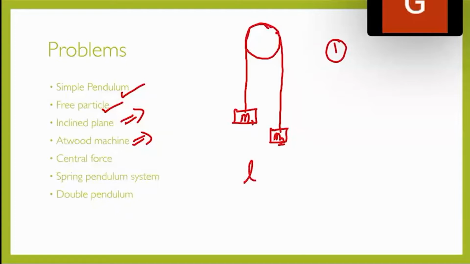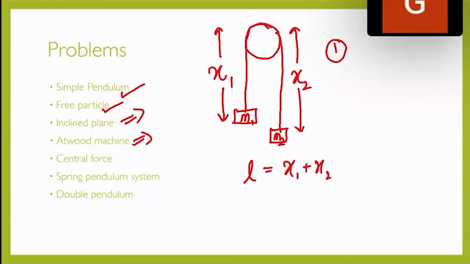Now, as you can see, these two masses are connected via the string. Let me take this as x1 and this as x2, the positions of the first mass and the second mass.